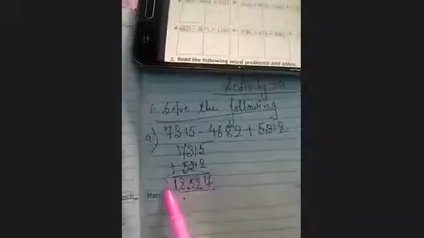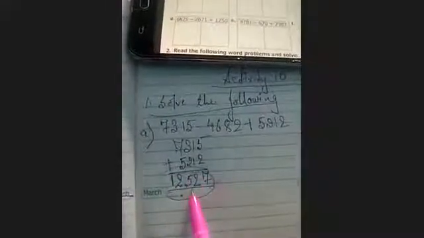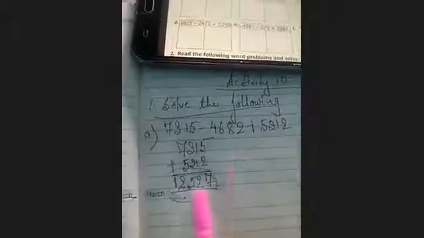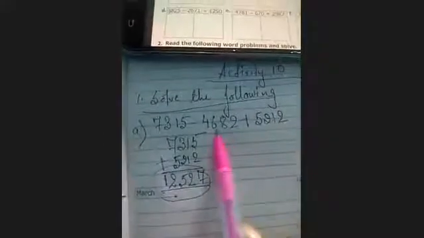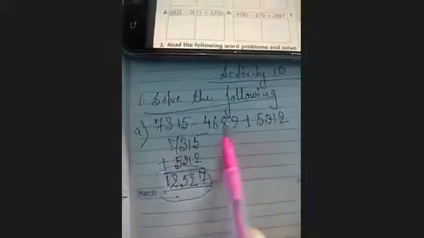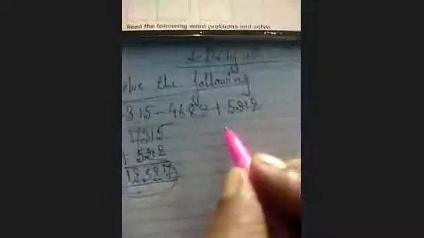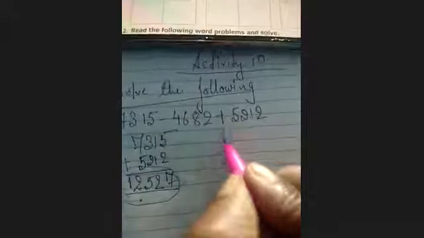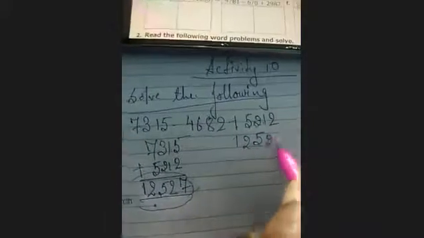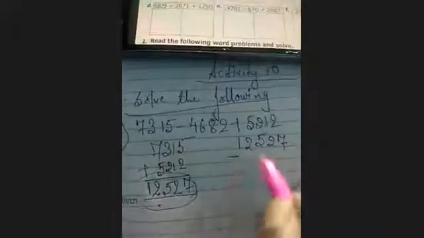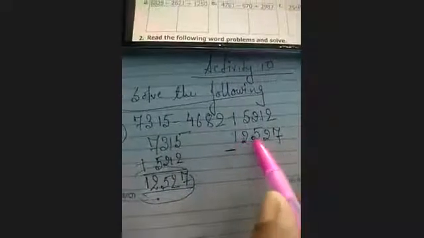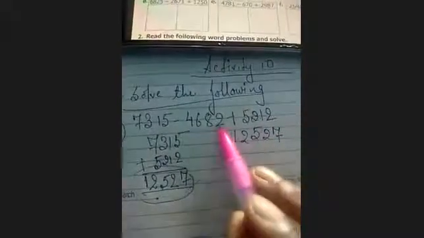Now, what is the sum? This is our sum. So from this sum, we will be subtracting the leftover number, the remaining number. So our sum is, in the next blank you will write 12,527 minus. See, there are 5 digits, and there are 4 digits only.